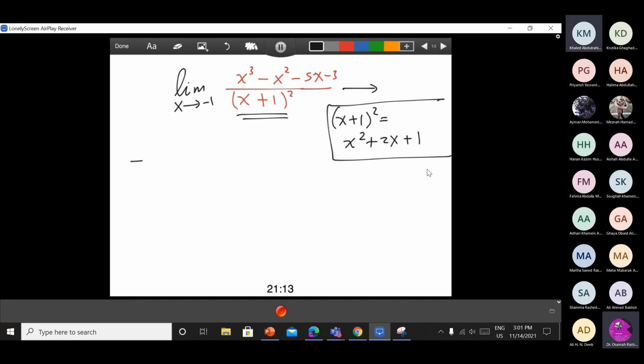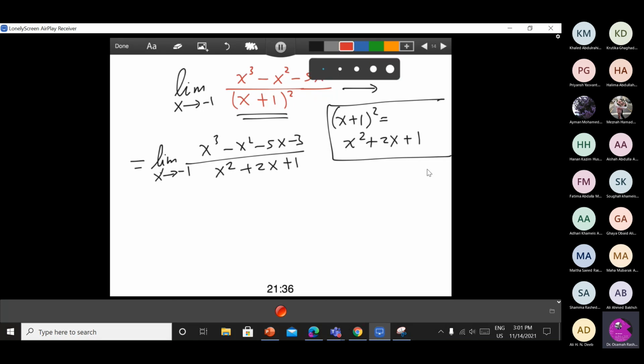So this is equal to the limit when x tends to minus 1 of x cubed minus x squared minus 5x minus 3 over x squared plus 2x plus 1. The degree of the numerator is bigger than the degree of the denominator. So what I have to do, I make what?